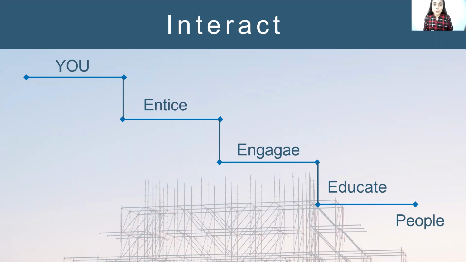The first thing that you need to do is build rapport by attracting them and picking up a topic. Now, let's say the topic is already given to you. If you do not know what to talk about, start with asking. Maybe that's something you could do.